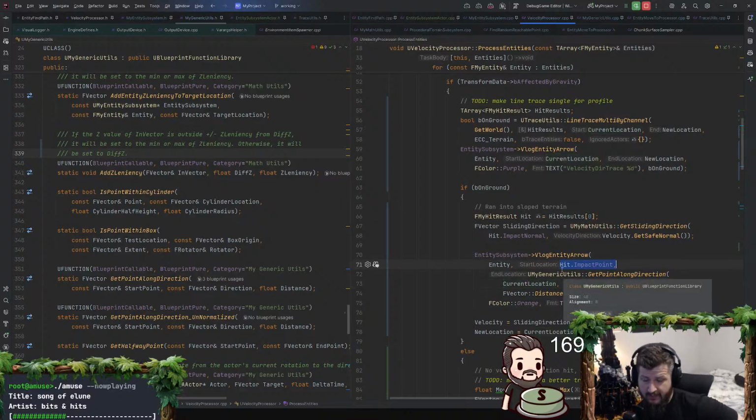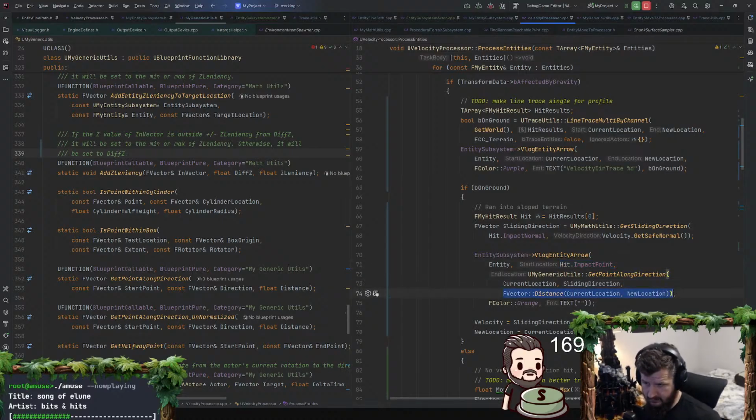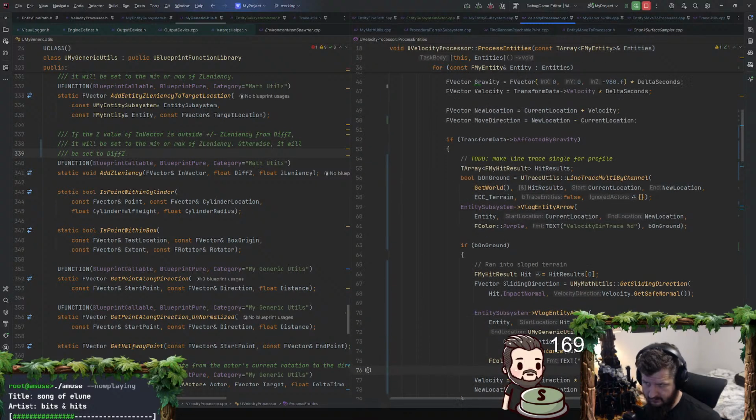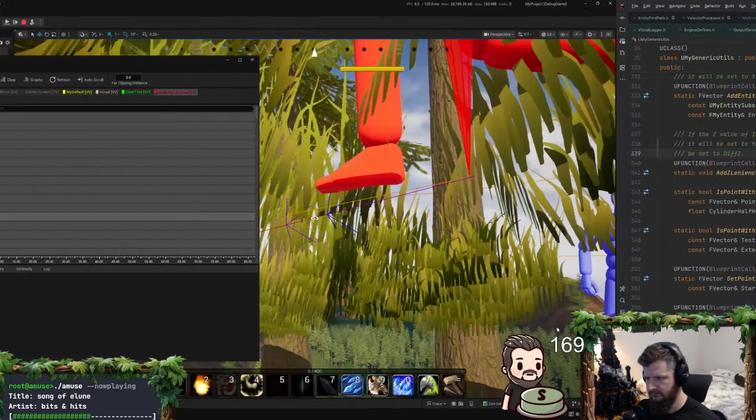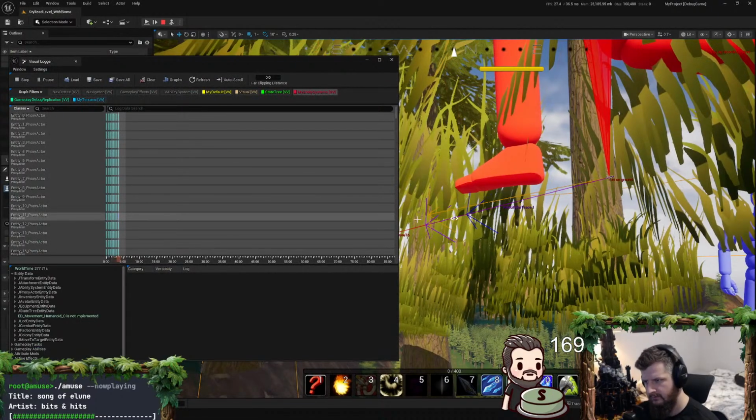From the impact point to a point velocity size away in the sliding direction from current location. So that's orange.